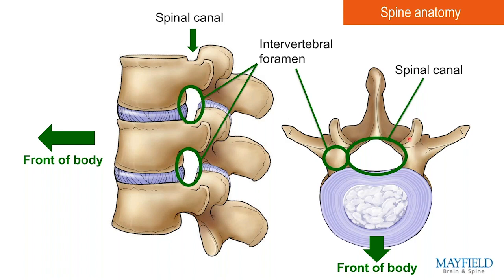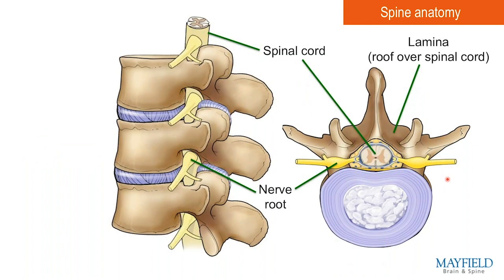You can see that this is an axial view of the spine from above. So here's the vertebral canal, and here's the intervertebral foramen. The spinal cord is what runs through the spinal canal, and it's protected by the lamina of the vertebra. I want you to remember that word for later on when we talk about laminectomy surgery.